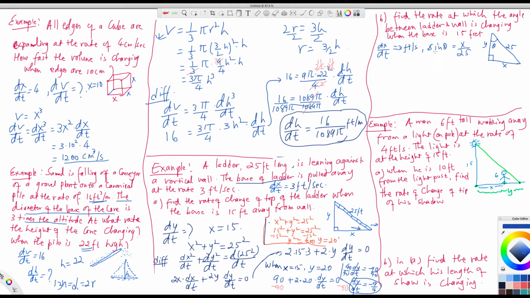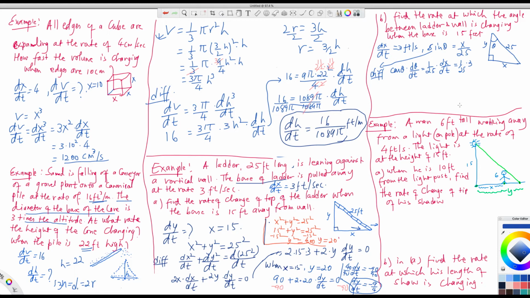Now I want to differentiate. I get cosine theta d theta over dt equals 1 over 25 times dx over dt, right? What is dx over dt? It is 3, so this is 1 over 25 times 3, which is 3 over 25.